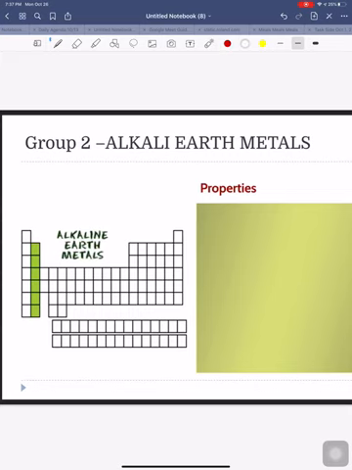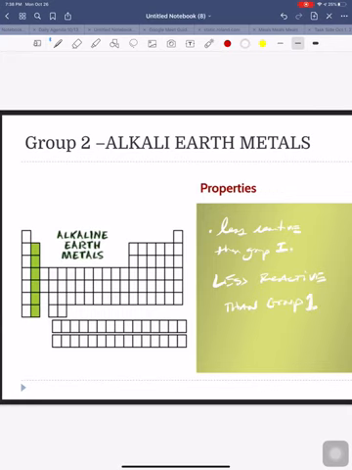So basically, very reactive, but they are less reactive than group 1. Now, if you can read that, good luck. But hopefully you get the point. Less reactive. I'll even sarcastically write it over, and it'll be worse. But that's the point here.